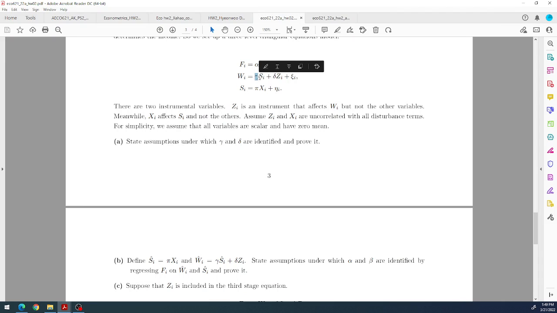Gamma does not matter. If it is 0, still you have no problem. But the problem is in delta and pi. So intuition is the correlation between z and x, and delta non-zero, pi non-zero. Then you have two instruments, both are relevant, right? That's what we have.